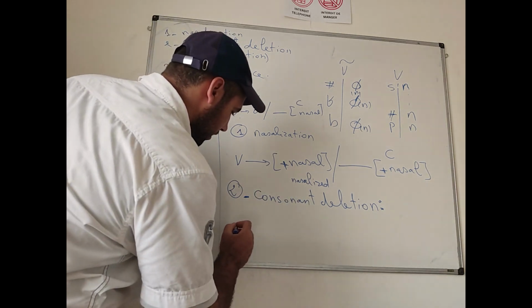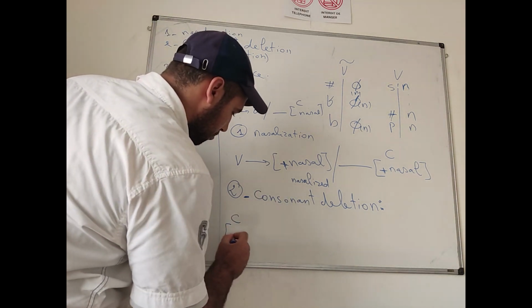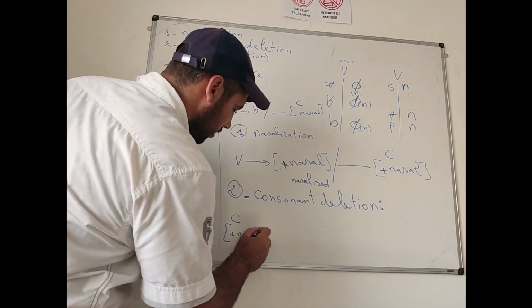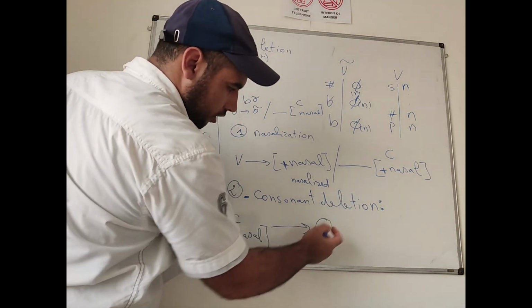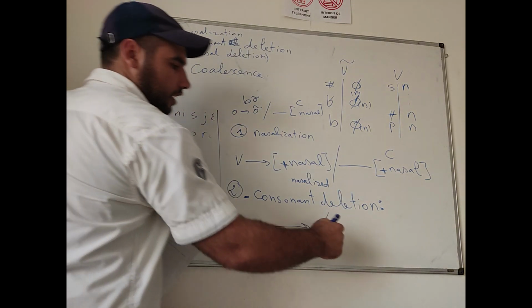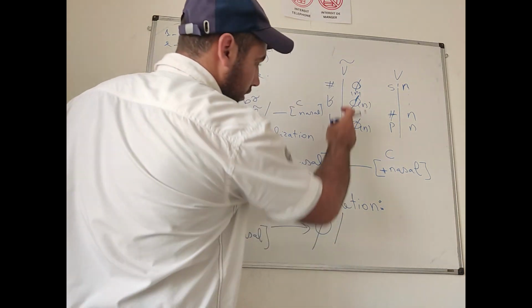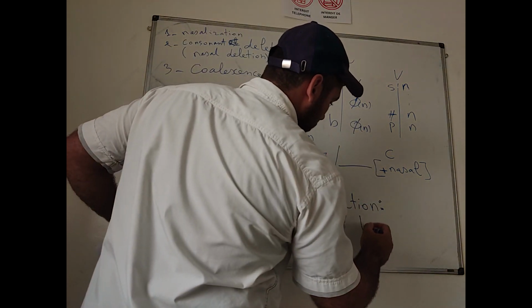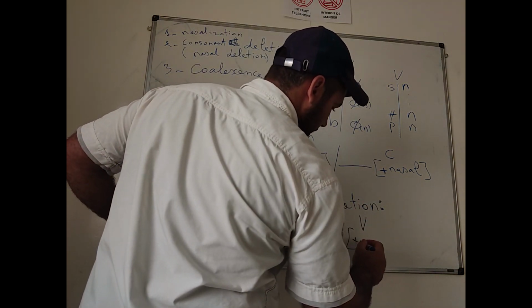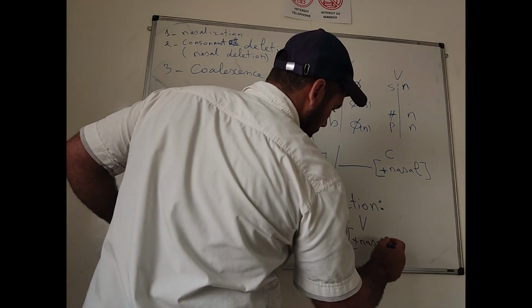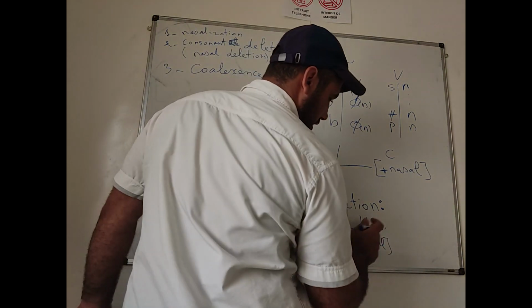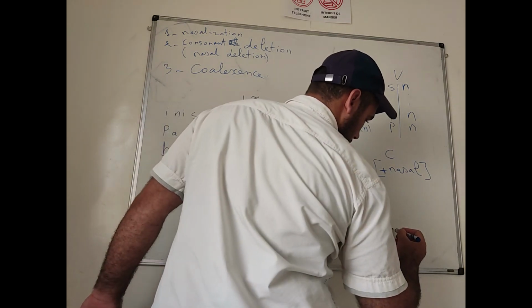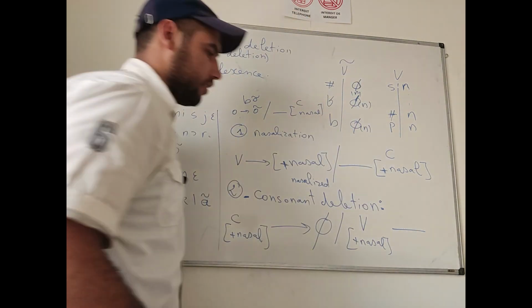Okay, we say that a consonant that is plus nasal gets deleted, and this is the symbol of deletion, when there is a vowel that takes the plus nasal feature, and it occurs here.